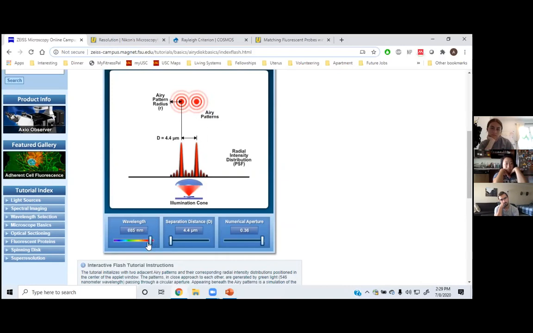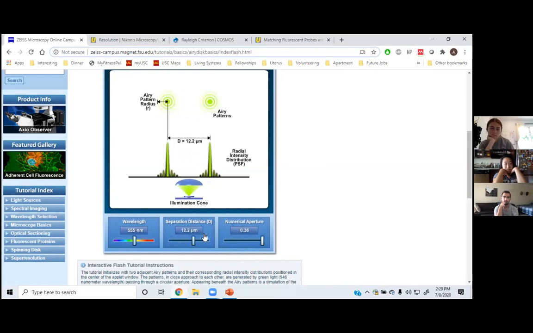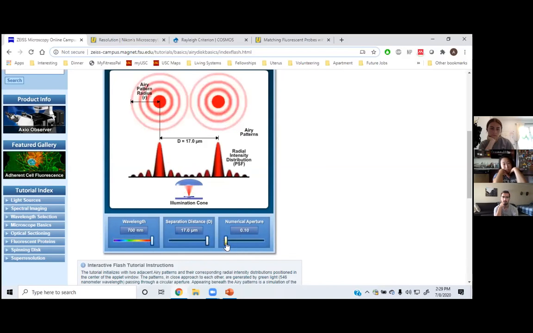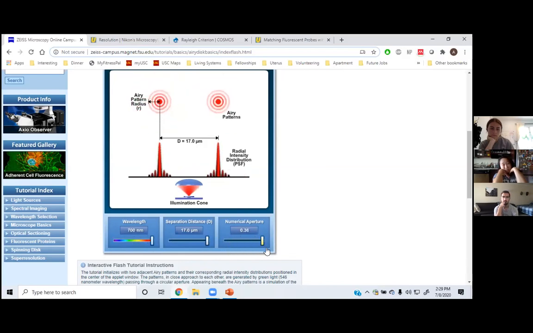And bringing that back down to the middle, if you have a low numerical aperture, it becomes much more difficult to resolve 2 points, but as you increase the numerical aperture, you can see the difference between the two. And again, if they're already separate on their own, then the wavelength and the numerical aperture will have less of an effect, and you'll still be able to resolve the two.